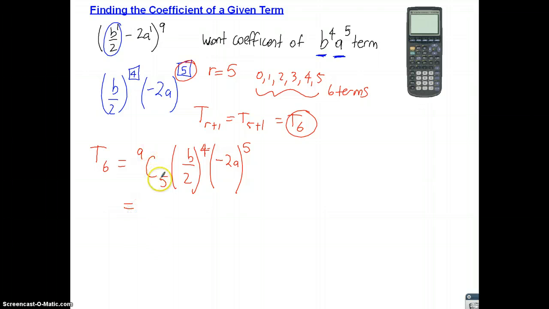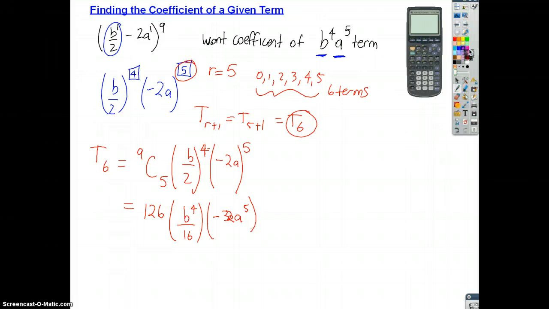When we do 9 choose 5 on our graphing calculator as we did before, we've got 126 times b to the power of 4 over 16 times negative 32 a to the power 5. Now let's pull out of this, because we don't want the whole term, we only want the coefficient, don't we?